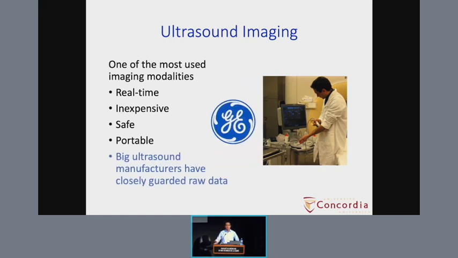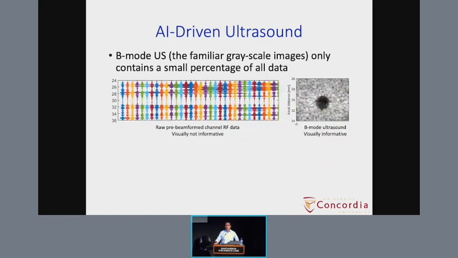For a long time, big ultrasound manufacturers have been basically closely guarding the raw data in ultrasound, and that's perhaps because they were too powerful and they could say no to all requests to share raw data. But this raw data, in fact, has most of the information.